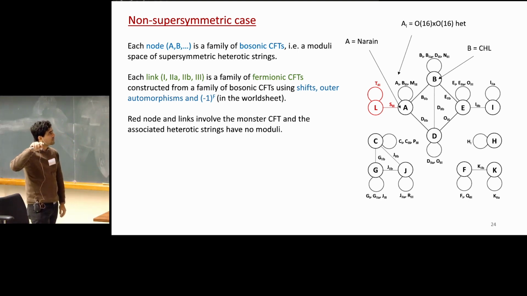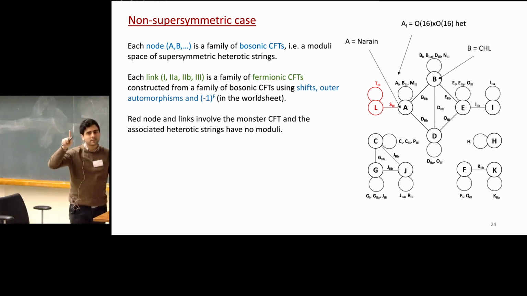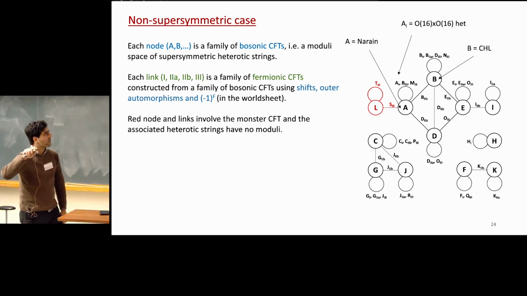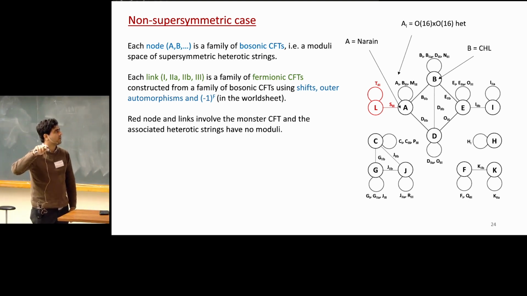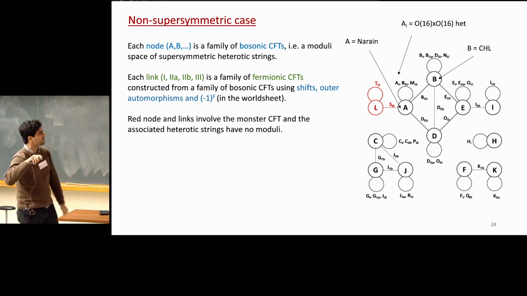So, for example, here, A1 corresponds to the O16 heterotic string compactified on a torus. Now, all the rank 16 heterotic strings are T-dual. So you think of those 6 non-supersymmetric theories that are all encoded here.